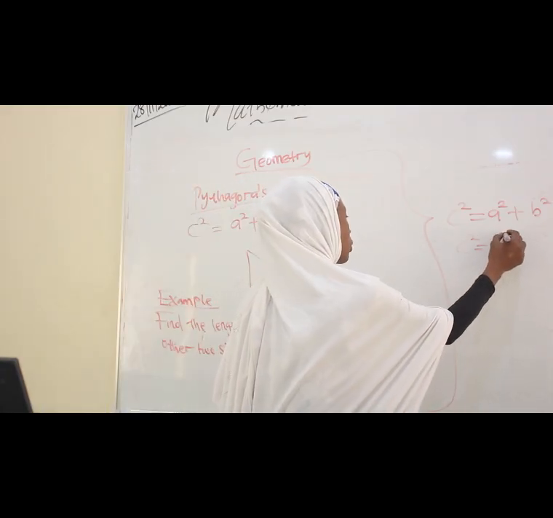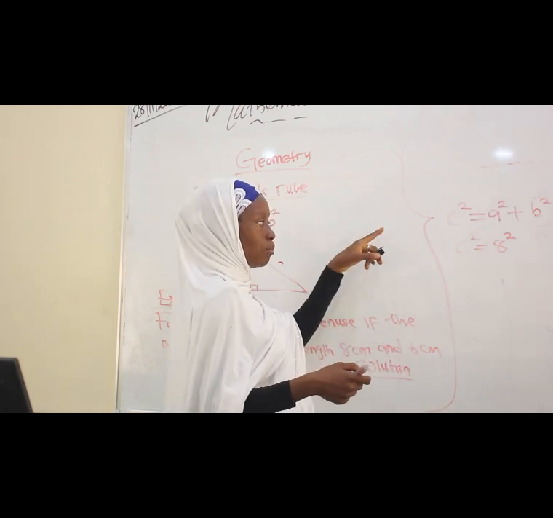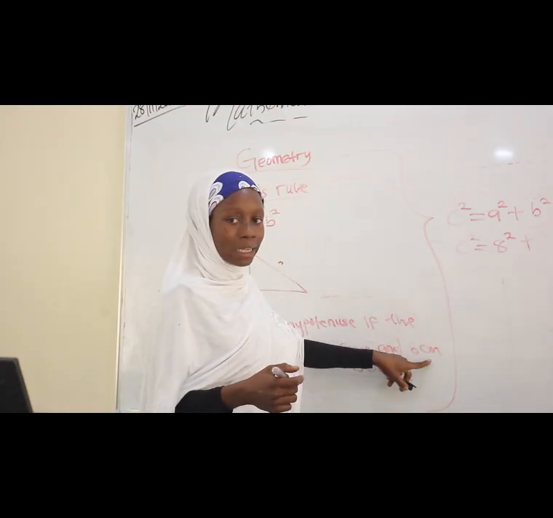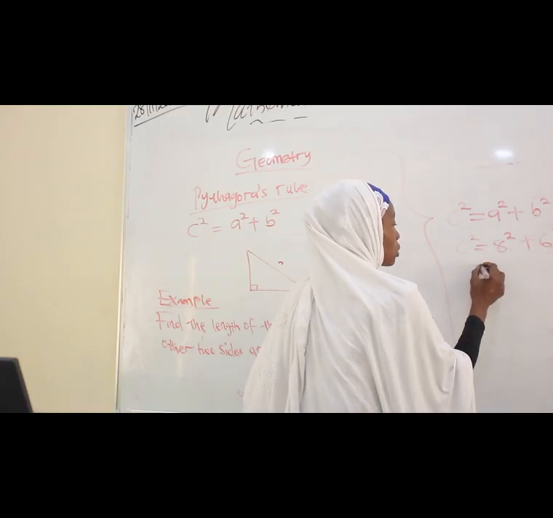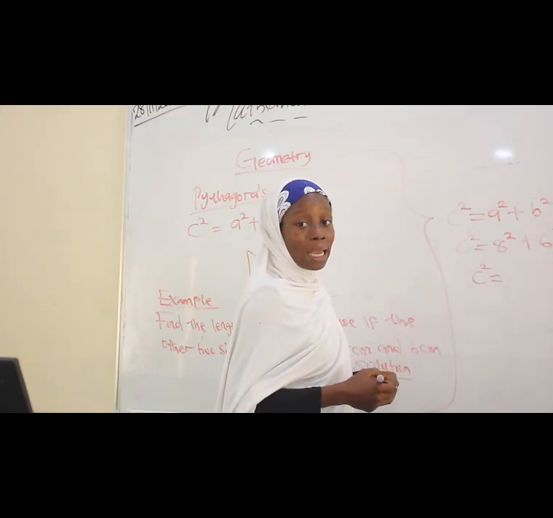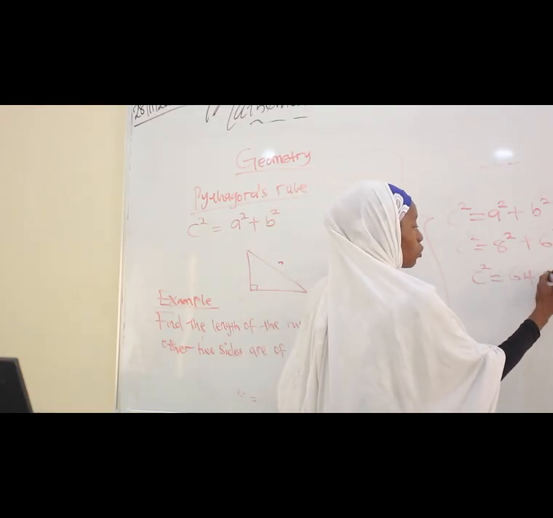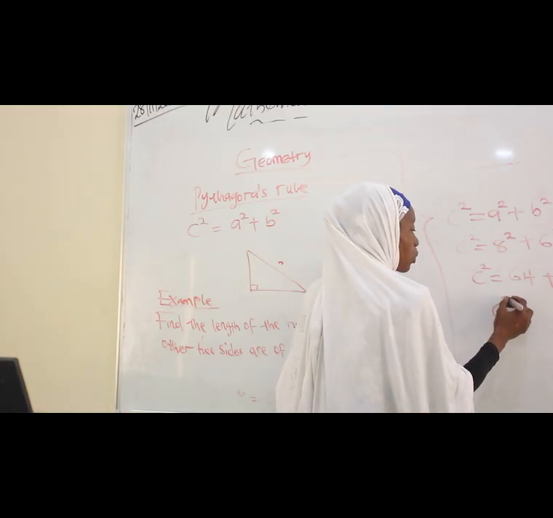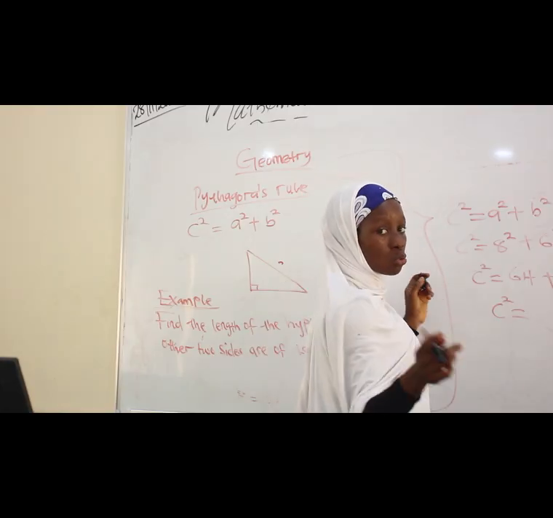So 8 squared, since the formula comes with a square, plus the second side, 6 cm, we also square it. So c squared is equal to 8 squared, which is 64, plus 6 squared, which is 36.